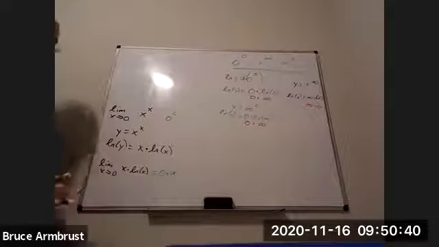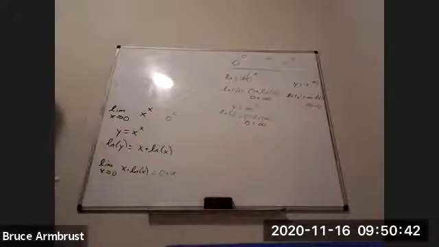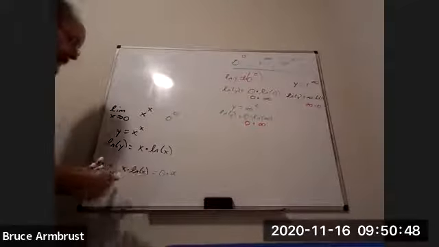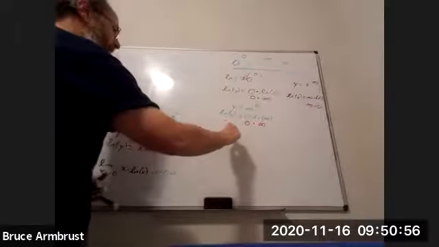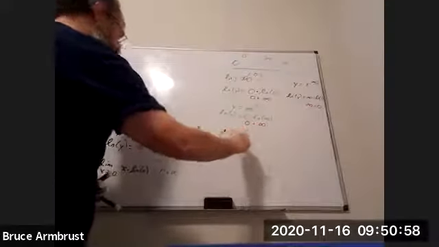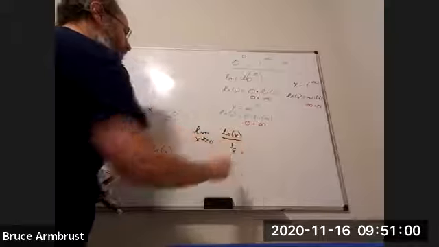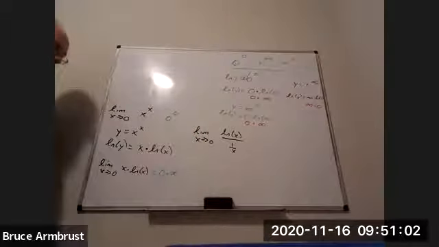Let's calculate this limit and see what we can get. So since we have 0 times infinity, we need to turn it into a division problem. So I'm going to make this the limit as x goes to 0 of the natural log of x divided by 1 over x.